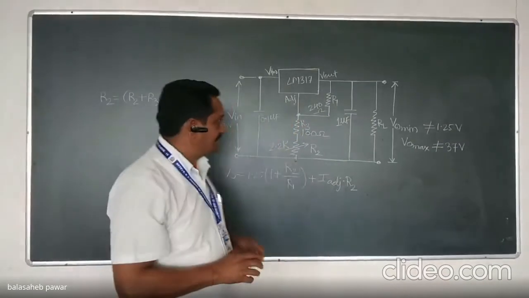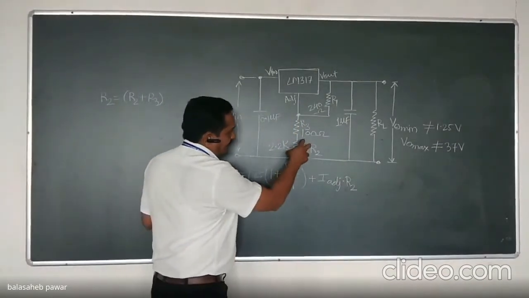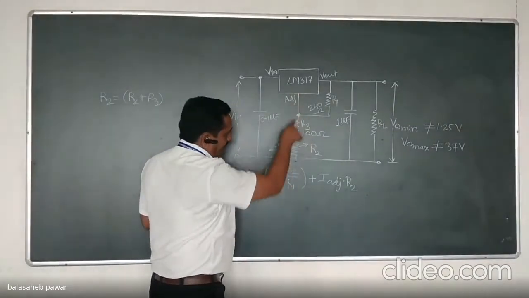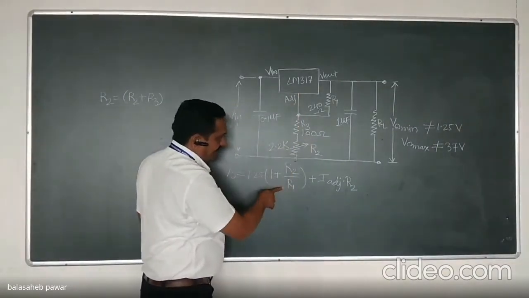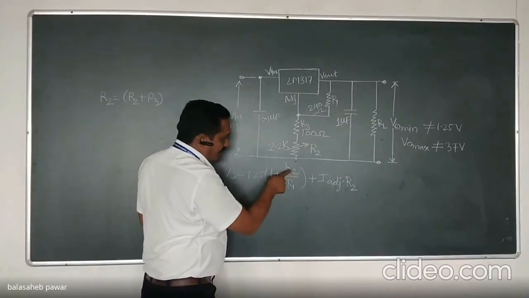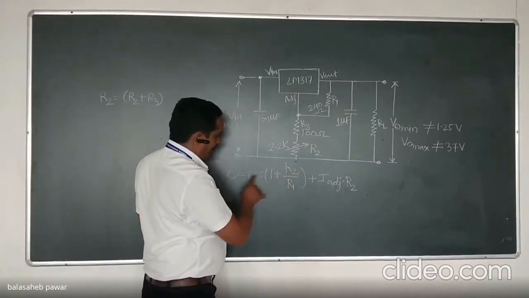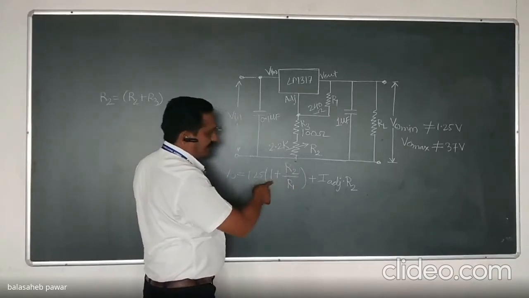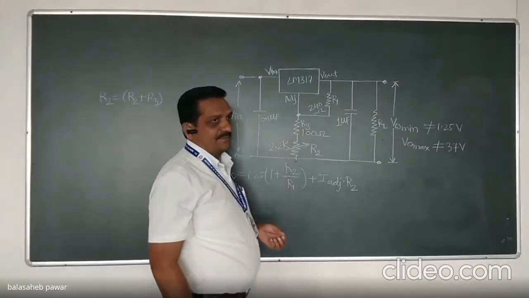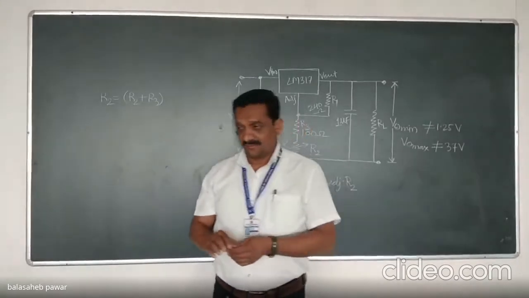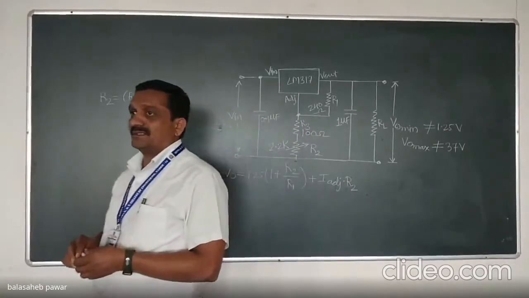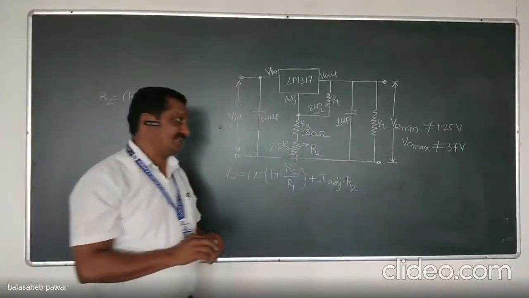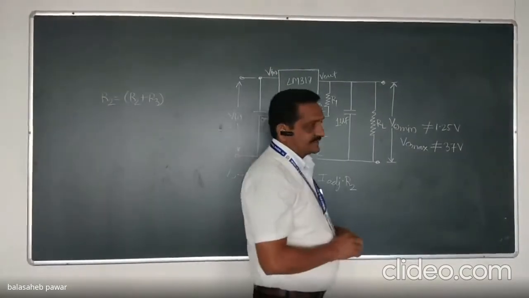That means if a single variable resistor is at the adjustable pin, and R2 equals 0, then 0 divided by R1 is 0, and hence 1.25 into 1 gives 1.25 minimum. That's why it is mentioned that output voltage minimum is 1.25 and maximum is 37.